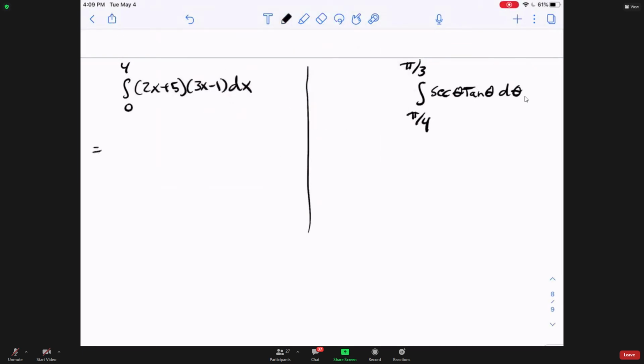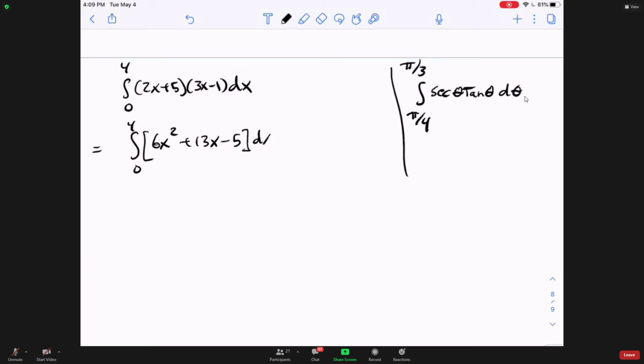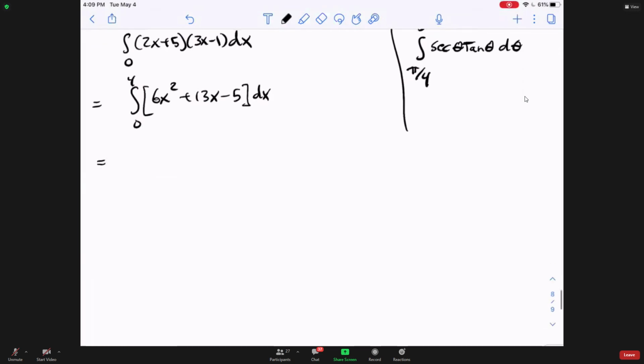Okay. So doing this problem, we're gonna multiply this out. So 6x squared minus 2x and 15x, that's plus 13x minus 5 dx. So then let's take the antiderivative. So x cubed divided by 3, so 6 over 3 is 2, plus 13 halves x squared minus 5x from 0 to 4.